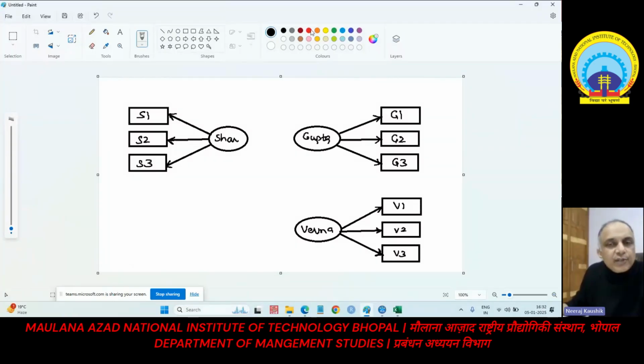Discriminant validity requires more than one construct, so it is represented by a two-sided arrow. Sharmaji is connected with Guptaji, Guptaji is connected with Varmaji, and Varmaji is connected with this. All are good people. They talk to each other. Now my question is, which relation should be stronger?